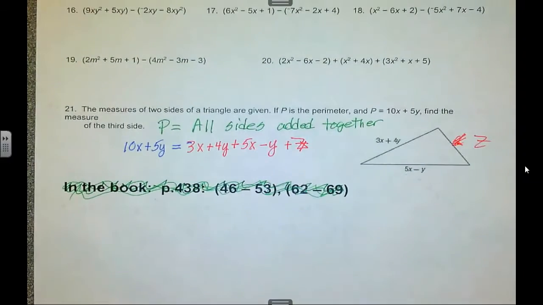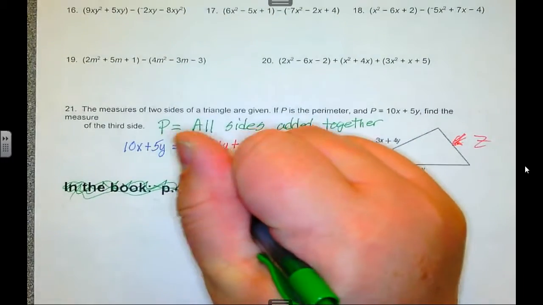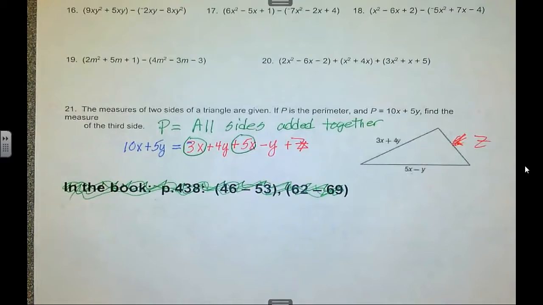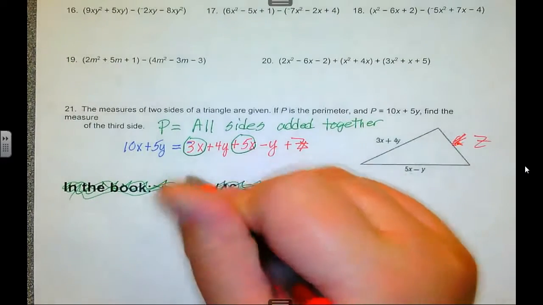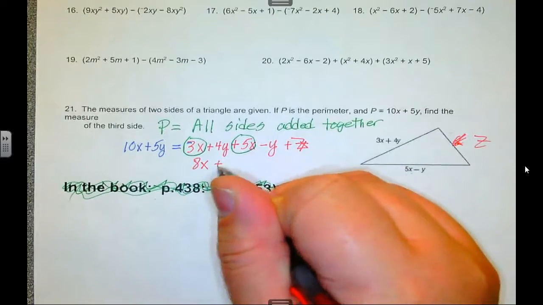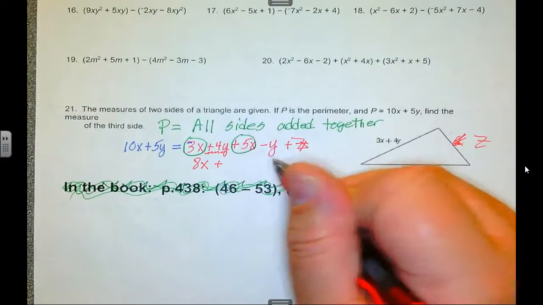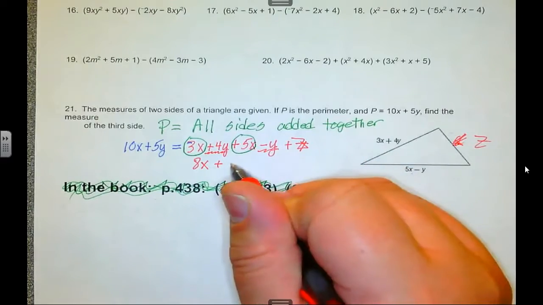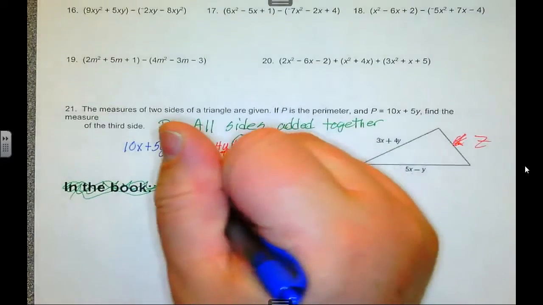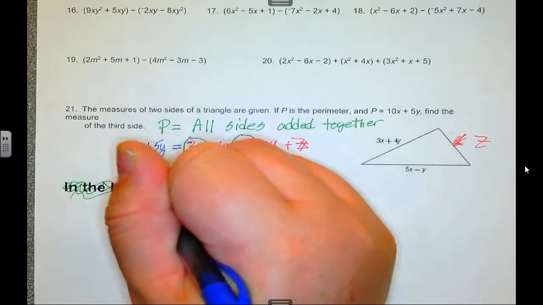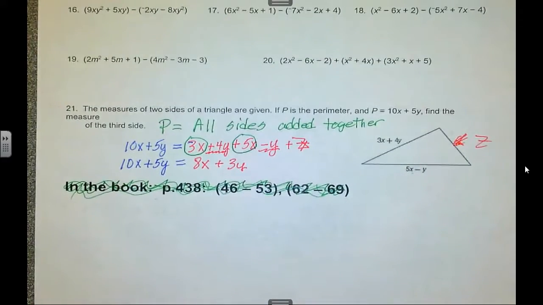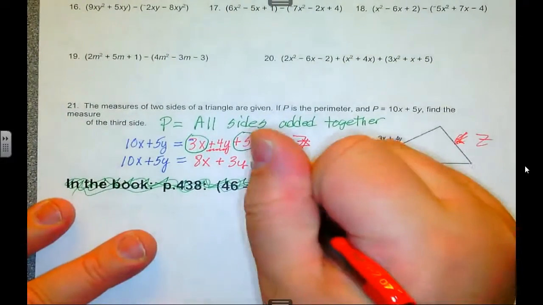Okay, let me combine some like terms here. I have 3x and 5x. That gives me 8x, right? And then I have plus 4y minus 1y gives me 3y. Okay. And then I'm going to say my z.